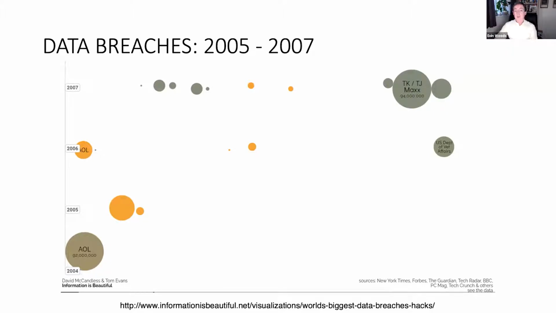And back in 2005 to 2007, you can see that things weren't great. These data breaches are normally a case of personal data being stolen. So even back in 2007, TK Maxx had 94 million user records stolen. I think they were credit cards. So that's really quite serious. But you can see that data breaches weren't that common. They were relatively isolated, and maybe not that large.